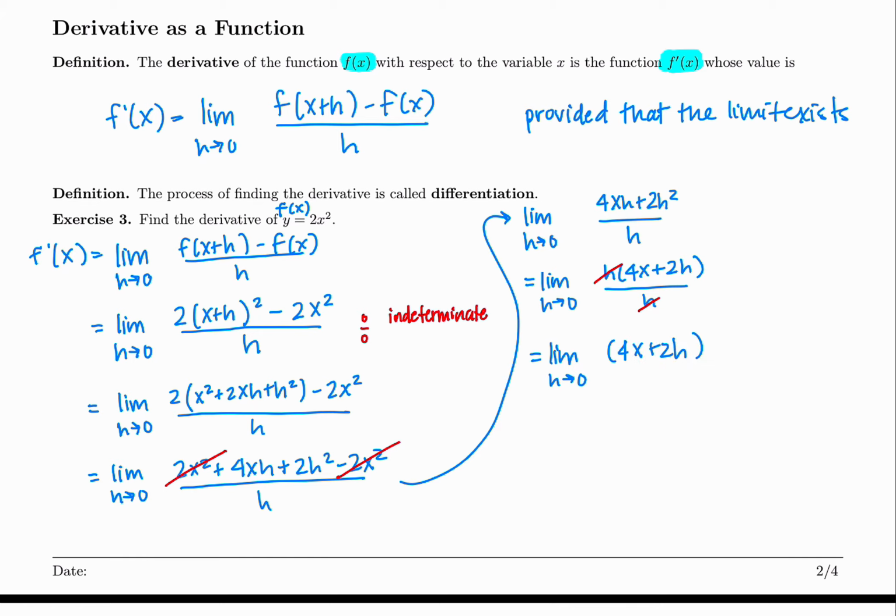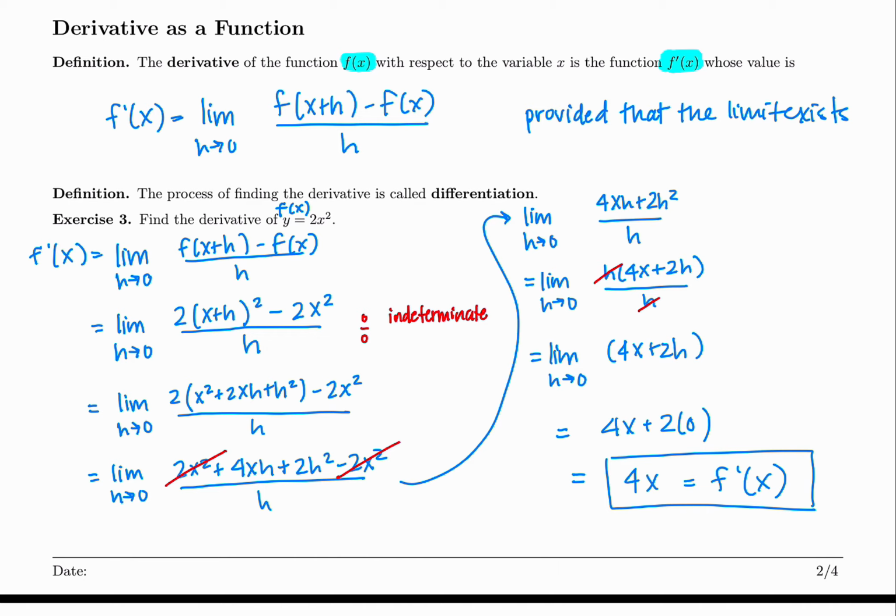Now that those h's have canceled, I should be able to just plug in. So when I plug in an h of 0, I get 4x plus 2 times 0, which is just 4x. Which means this is f prime of x. This is the function that describes the derivative of 2x squared, or the slope of the tangent line for every part of the curve 2x squared.